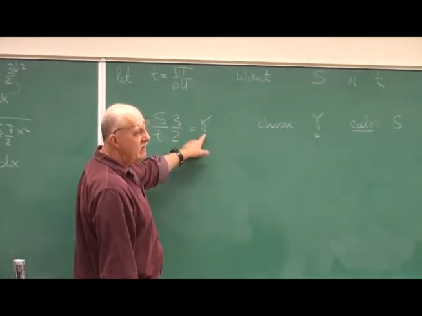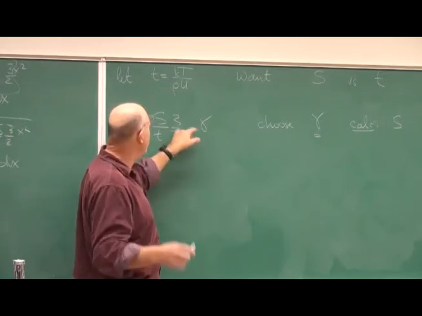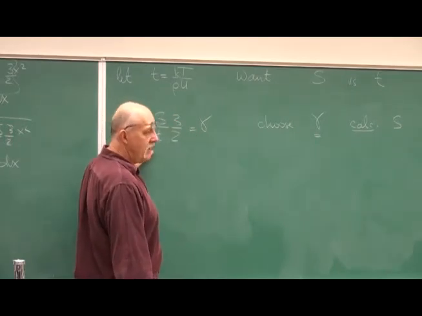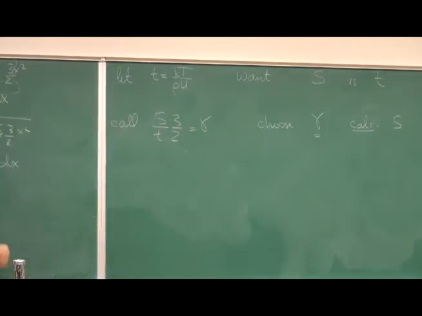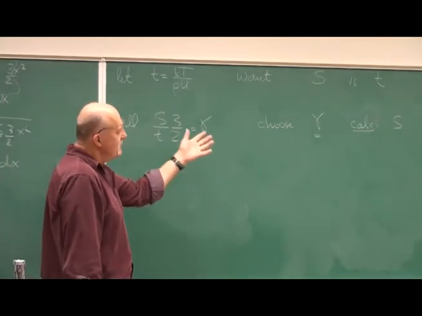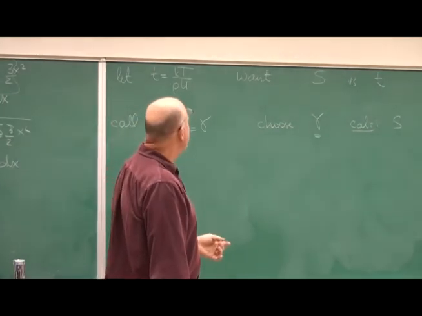It's 5. You've calculated S. It's 0.3. It gives you T. The point is, if you do the calculation properly, this saves a lot of work for you.